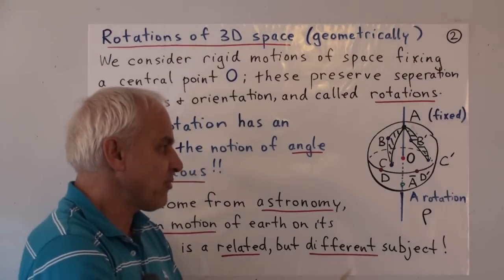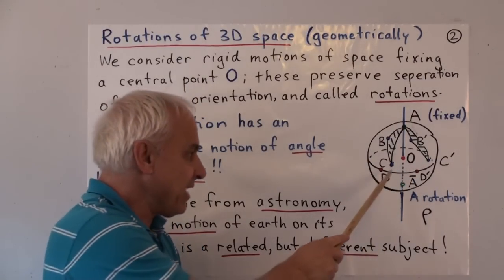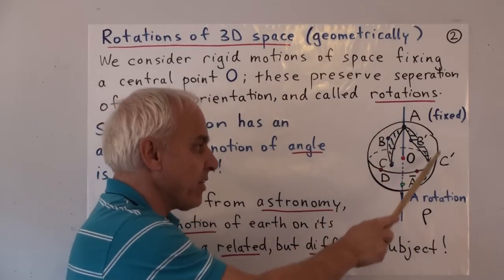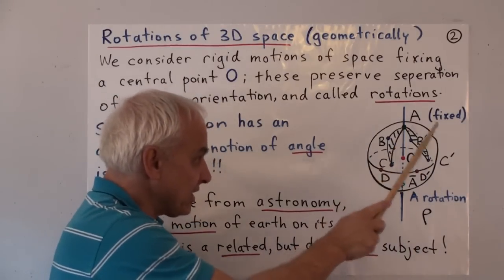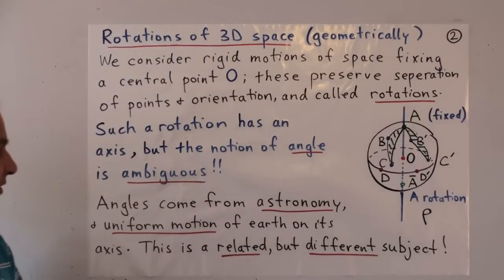But we'll try to avoid drawing arrows necessarily indicating that we have to actually move in this direction as opposed to going the other way around. The key point is that this point is sent to this point, and how it actually gets there doesn't concern us.